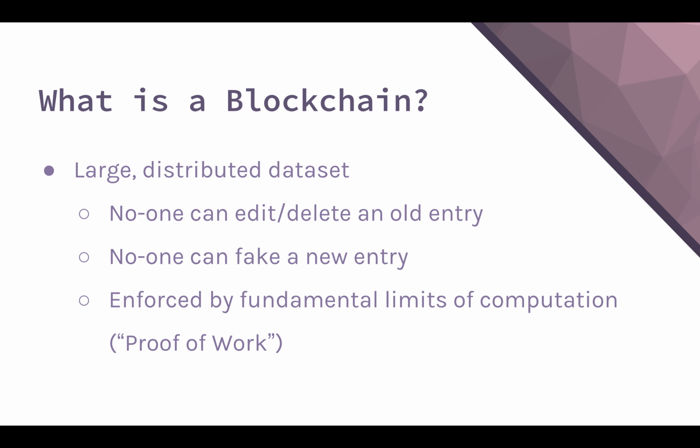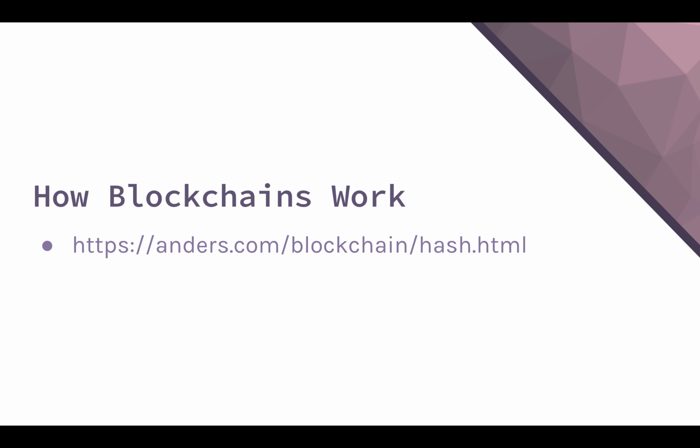So what is a blockchain? A blockchain is a large distributed data set. And it's very interesting: no one can edit or delete an old entry, and no one can fake a new entry. This is enforced by fundamental computation limits, aka proof of work or mining, as you may understand with Bitcoin and so forth out there today.